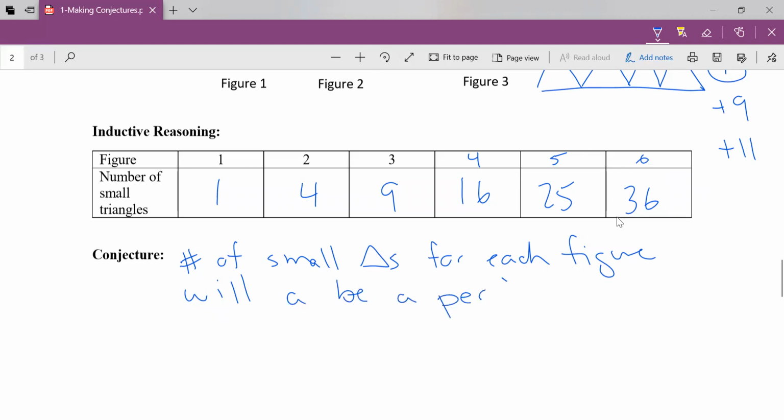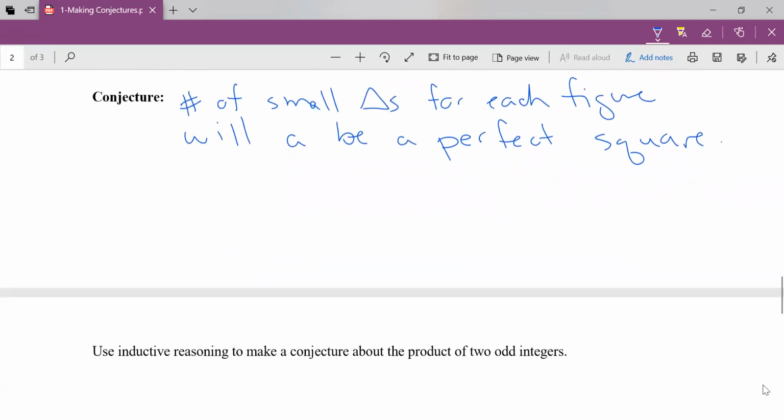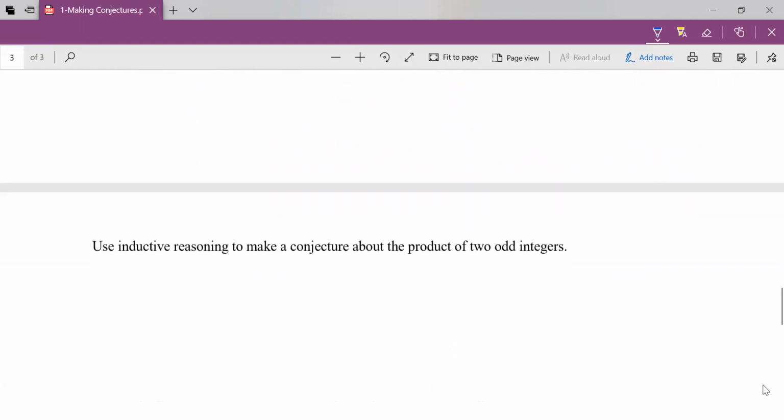Now, again, I don't know for certain that I am right. Maybe the pattern falls apart at figure number 100. I don't know. I would not bet my house on this, but it's a good conjecture using inductive reasoning. Okay. And sometimes we just got to get used to writing these sentences again that you're trying to explain to someone what you're thinking.